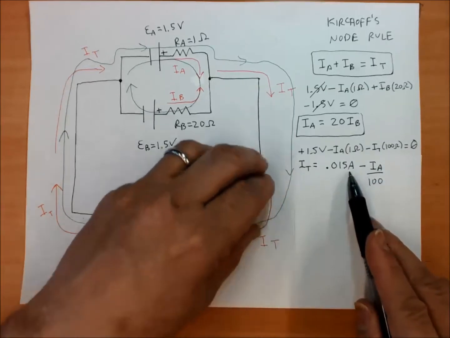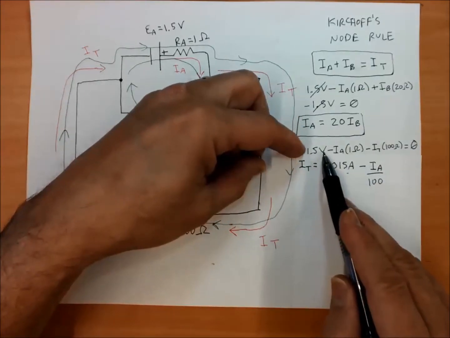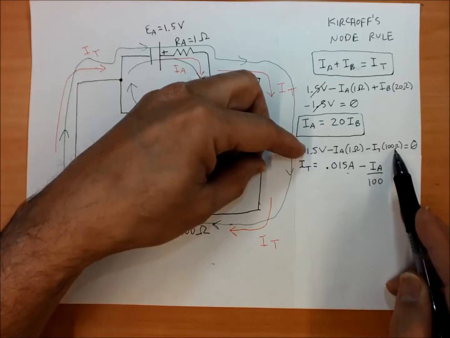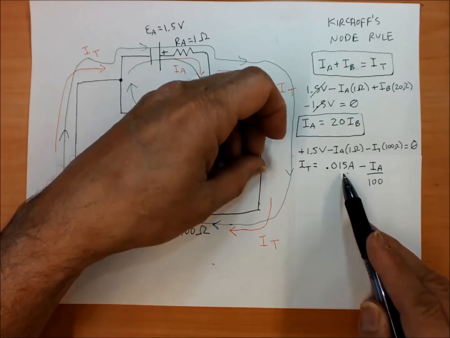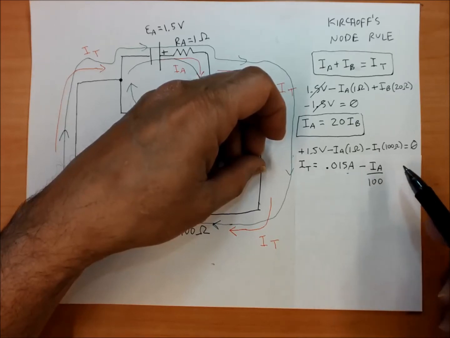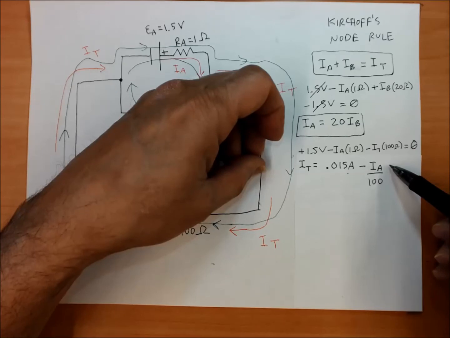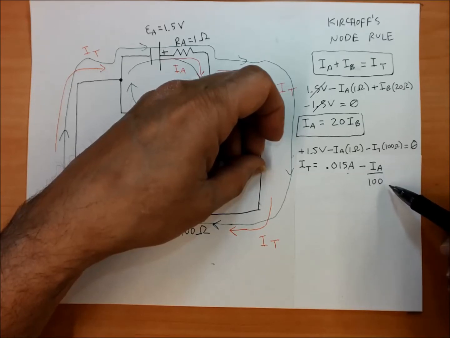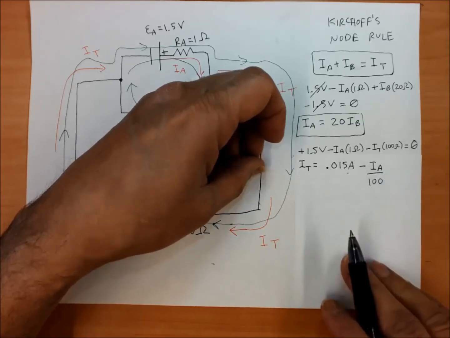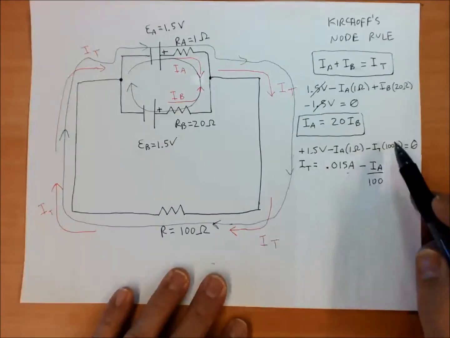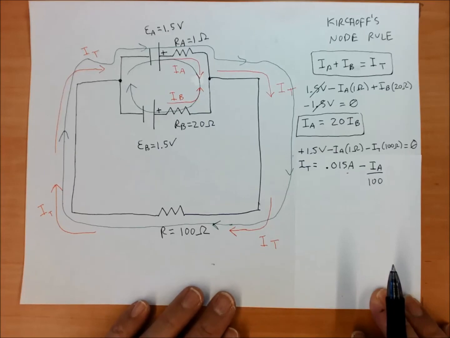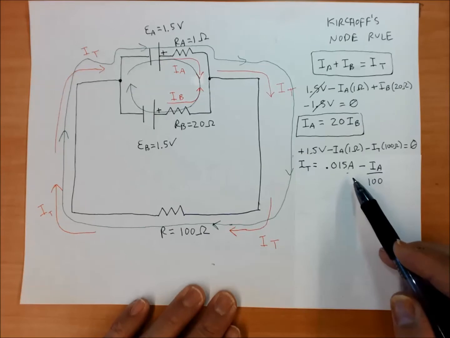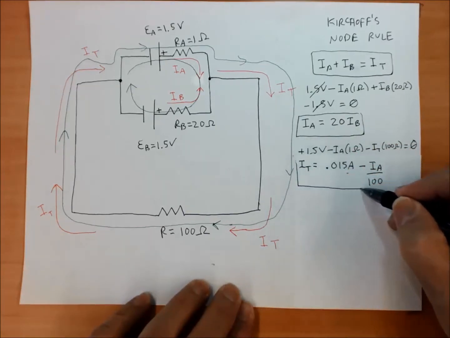The amps come from the fact that I'm going to have 1.5 volts divided by 100 ohms during that solution. And a volt divided by an ohm is an amp. And here I have an ohm on the top and an ohm on the bottom that are going to cancel out. So I'm adjusting the units a little bit in addition to solving for I sub total. Okay, now I have that equation. I'll go ahead and put a box around it.